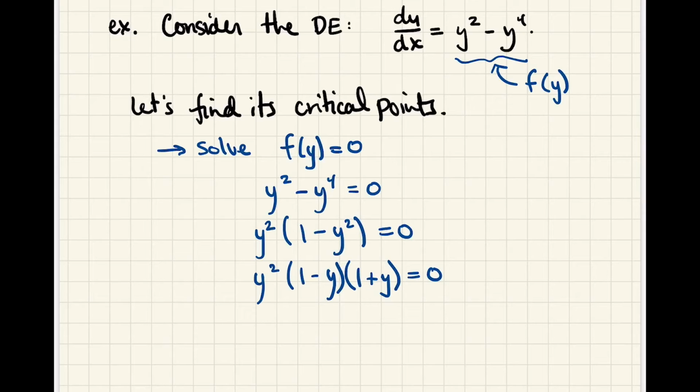So we can see critical points y equals 0, y equals 1, y equals negative 1. All right, and let's just note as an aside that these are all three distinct solutions to this differential equation.